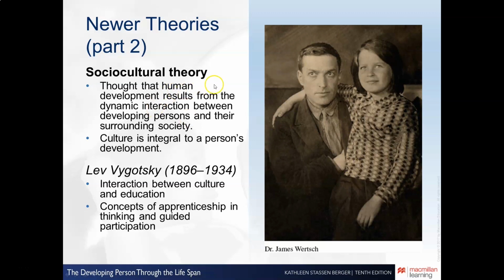And that means that basic human development results from interaction between people and society. So basic human interactions and interaction with one's environment, that's how actual human development results. Now, what's important here is also that culture is an important part of a person's development.